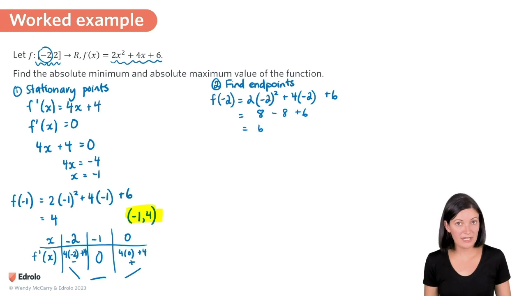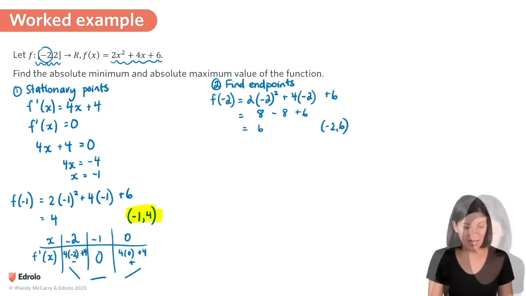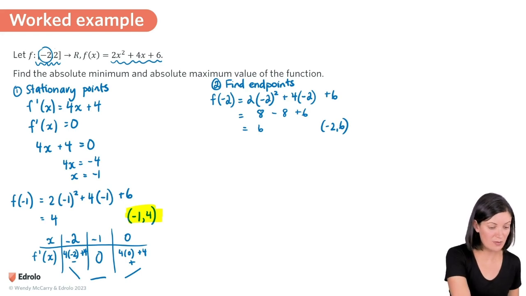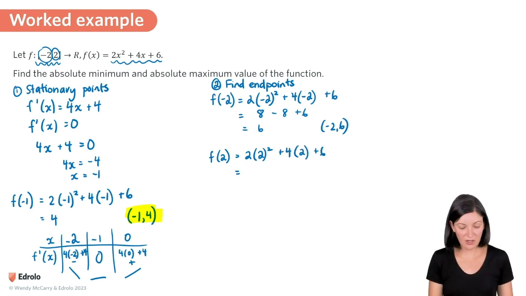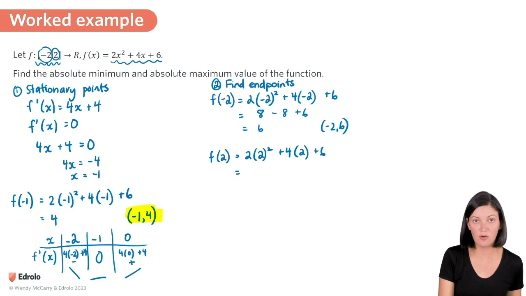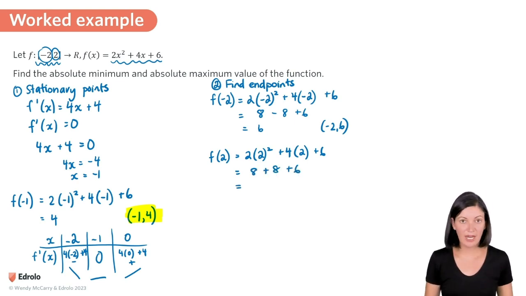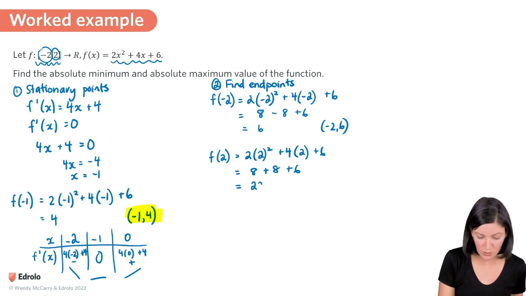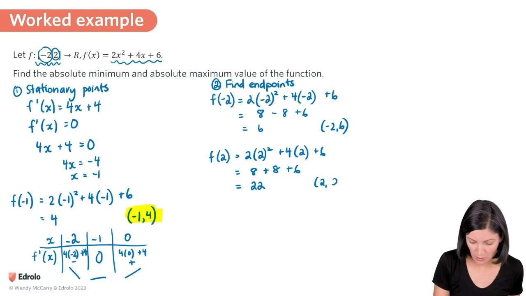So one of the coordinates of my endpoint is (-2, 6). And then I'll find my other endpoint, which is when x = 2. Okay, so here I end up with 2 squared is 4, times 2 is 8, plus 8 plus 6. So we end up with the value 22. So that means my other endpoint is at (2, 22).